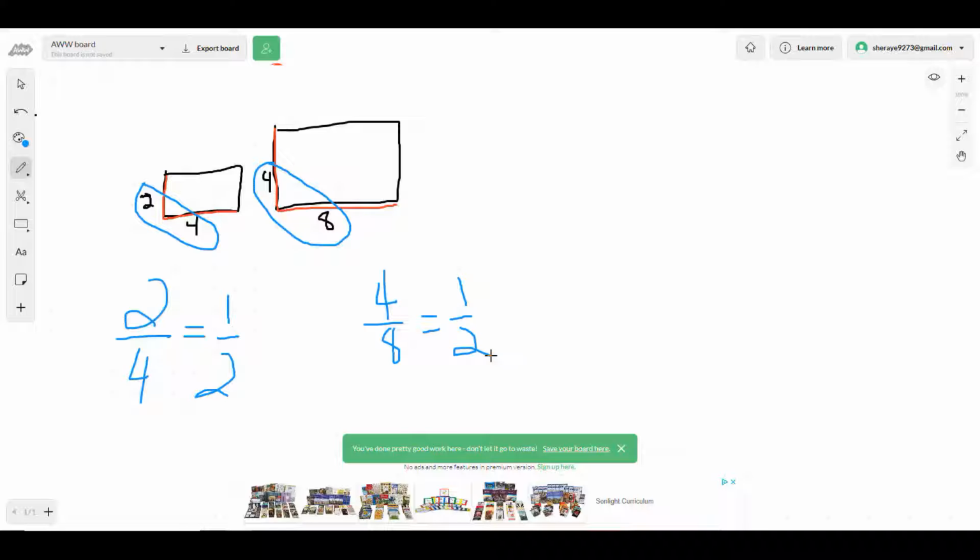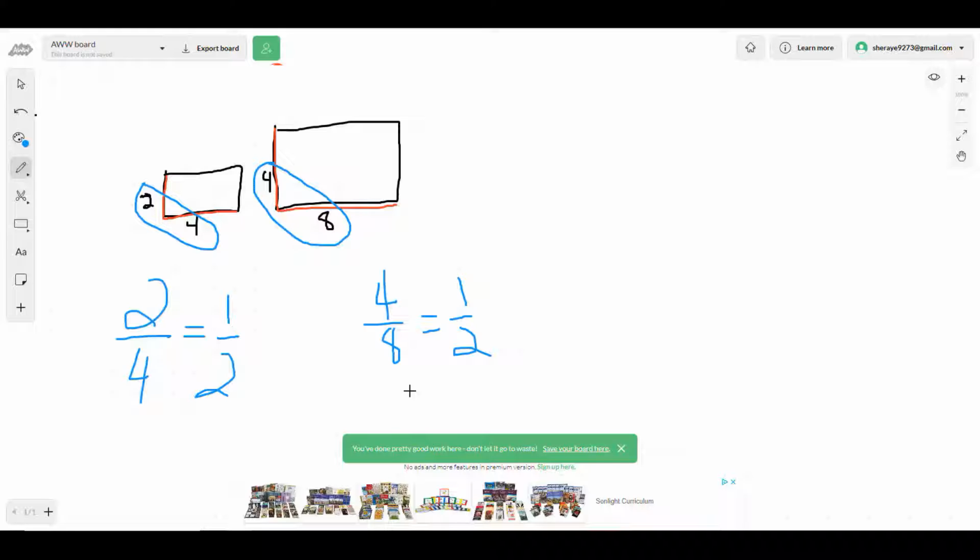So even though these rectangles are different sizes, the ratios between their sides are the same. In both rectangles, one side is half the side of the other. Do you notice that? On this big one, this side is half the length of this one. And so is this one. They're different sizes, but they're the same ratio.